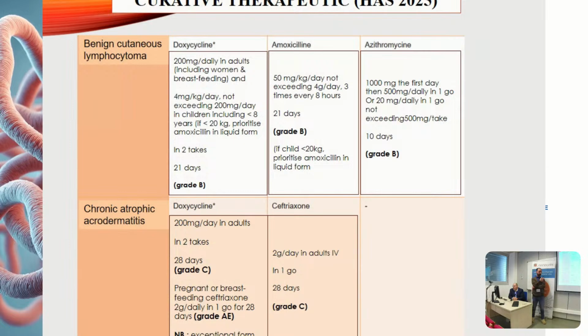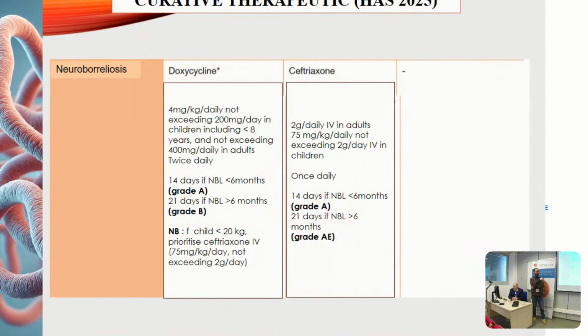For articular lesion, it's 4 weeks. For erythema migrans, it's 10 days, for example. And for lymphocytoma it's 14 days. And for neuroborreliosis, early is 3 weeks, and late is 4 weeks.